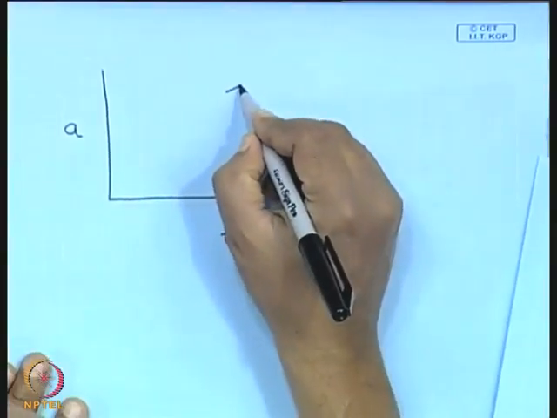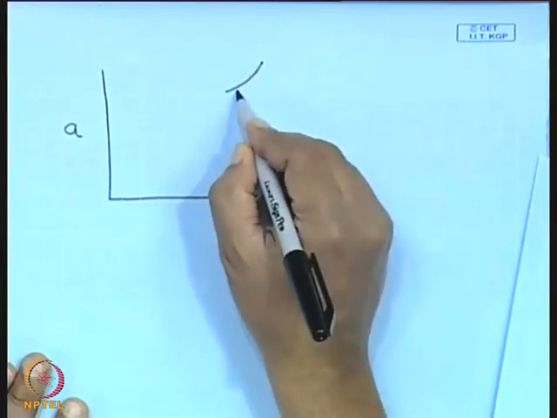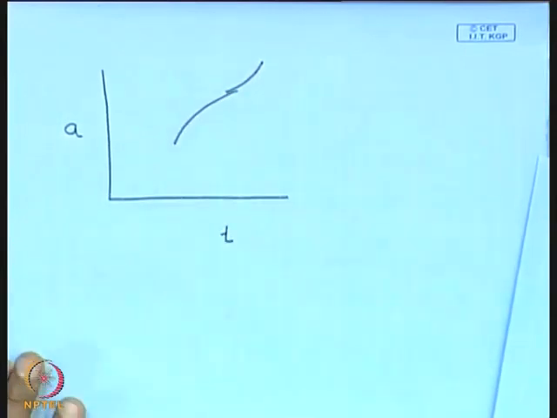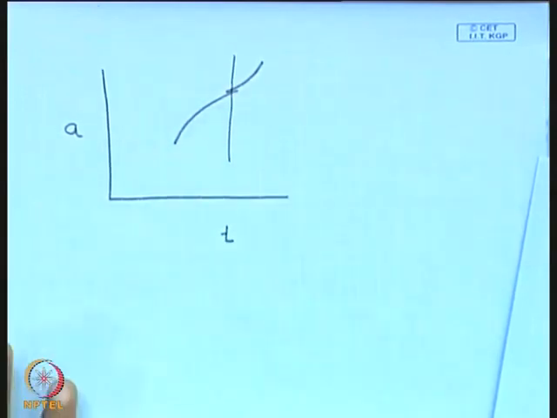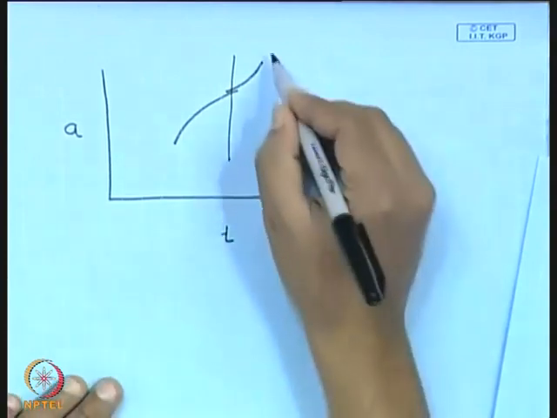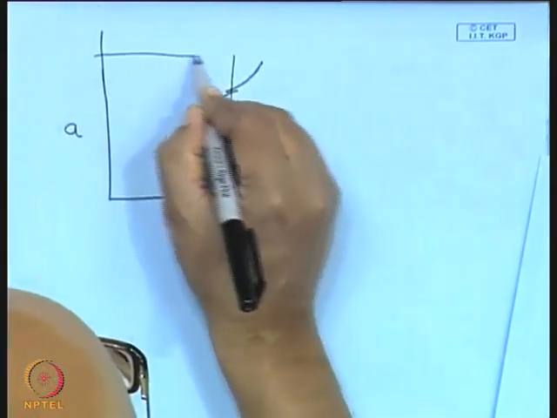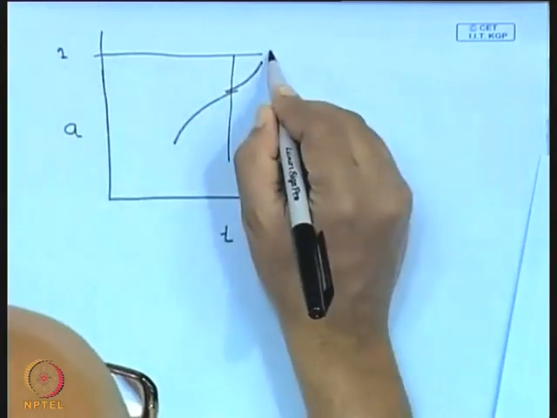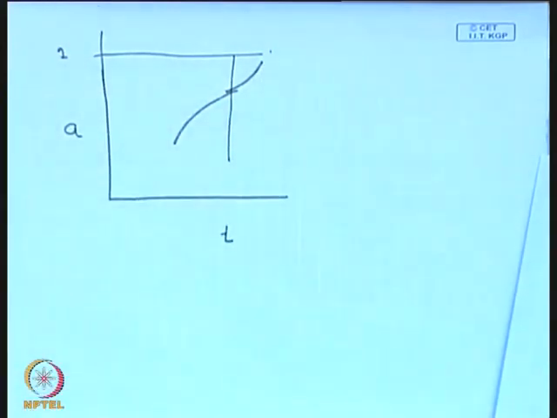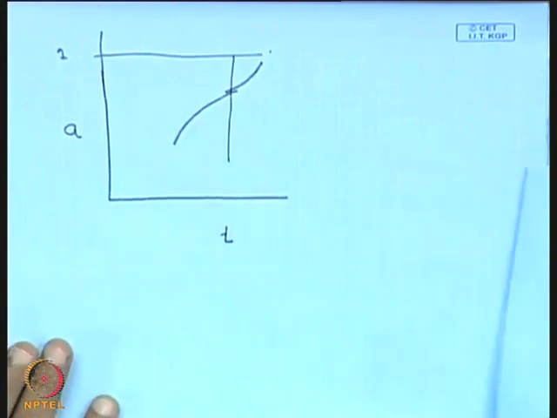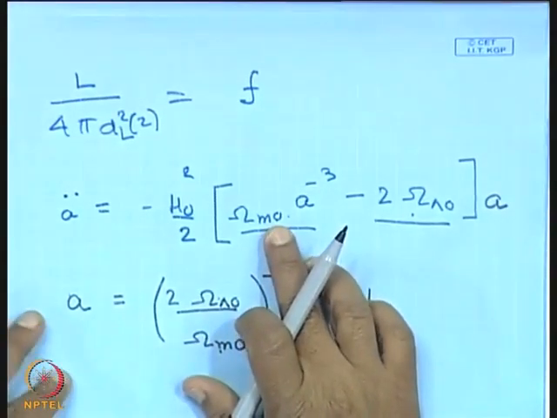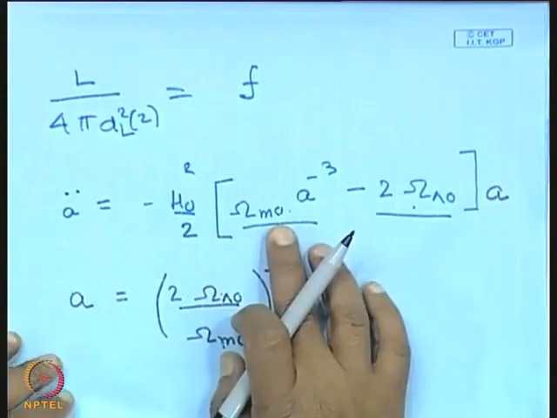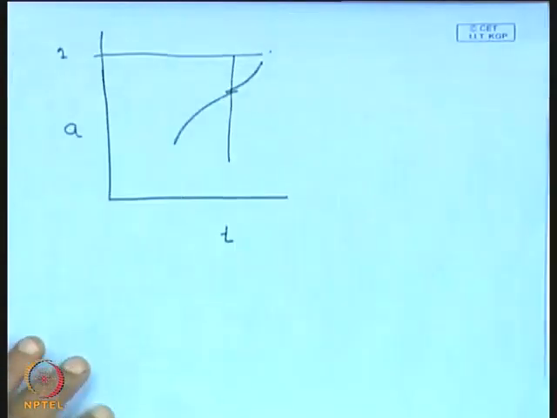Positive second derivative means like this, and negative second derivative means like this. So there was a transition here. I am just drawing it pictorially, it may not be so dramatic, and this is the present value, a equal to 1. And once this term dominates, we know that the expansion is going to be t to the power 2/3, matter dominated.